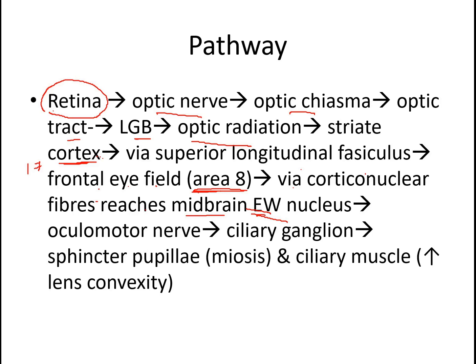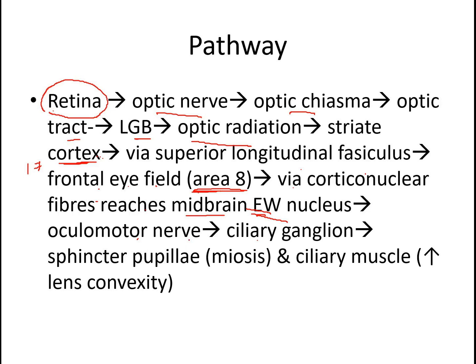This reaches the Edinger-Westphal nucleus, which is nothing but your oculomotor nerve nuclei. From there, via short ciliary ganglion, this goes and causes contraction of the pupil as well as the ciliary muscle contraction.